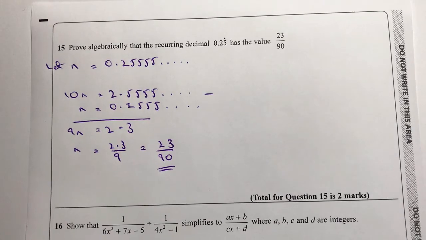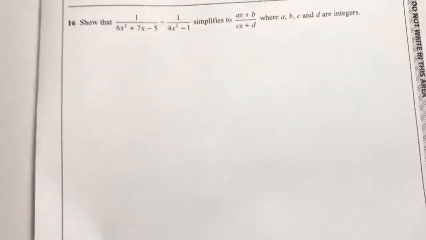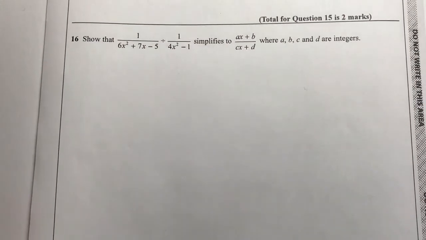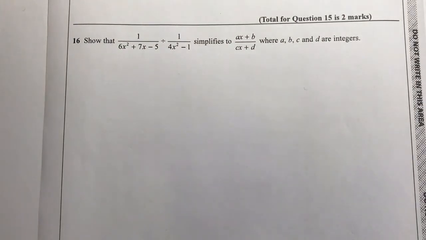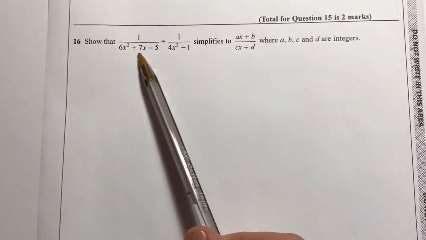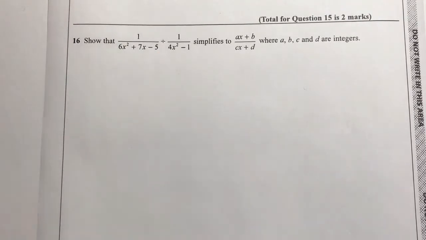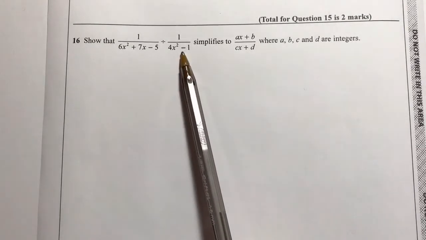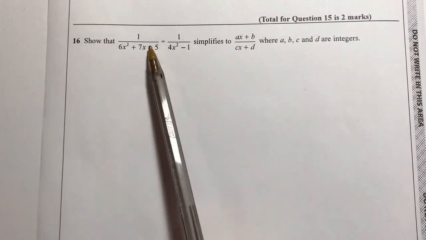Talking about questions looking a little bit more challenging, question 16 does. There's quite a lot going on in there, and it's going to be tricky because essentially we need to factorise this bottom denominator, and that's where I think students will trip up a little bit. And you do appreciate that you've really got two fractions here.